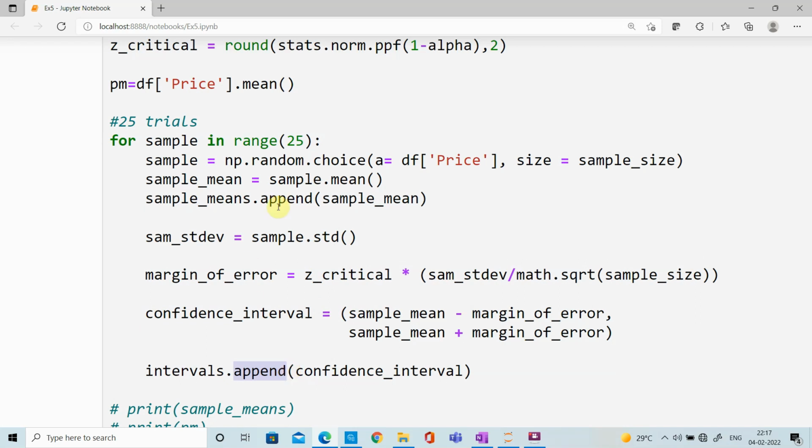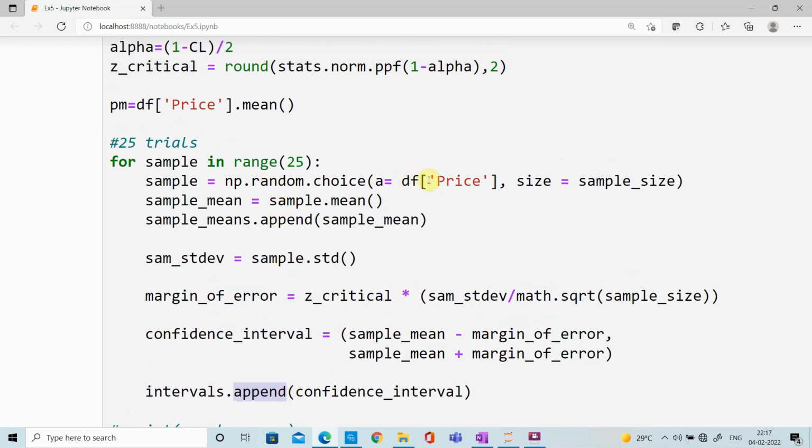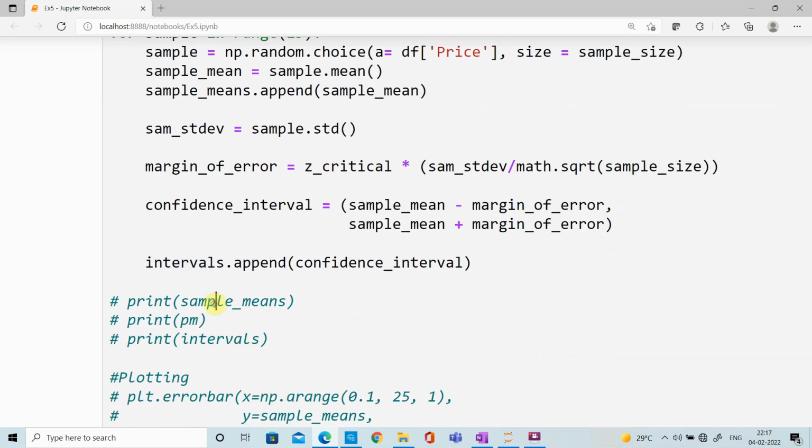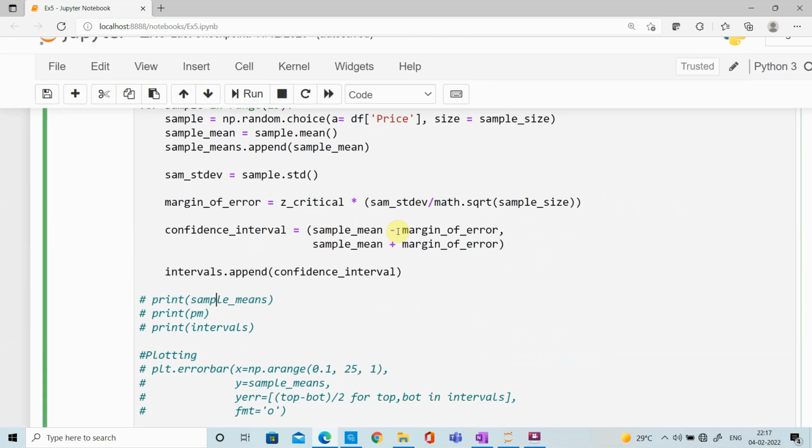The same process you repeat: take another set of 500 samples from your population, calculate the mean, calculate the standard deviation, calculate the confidence interval. Like that we repeat our experiment 25 times. So we get 25 different sample means and 25 different confidence intervals. So now I am going to print it.